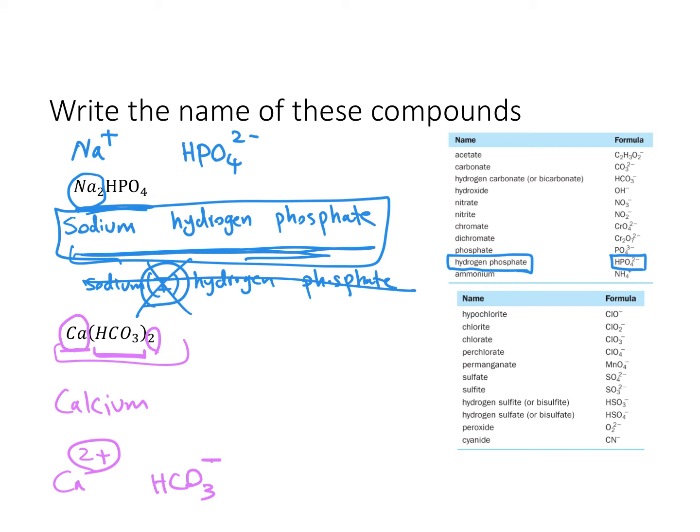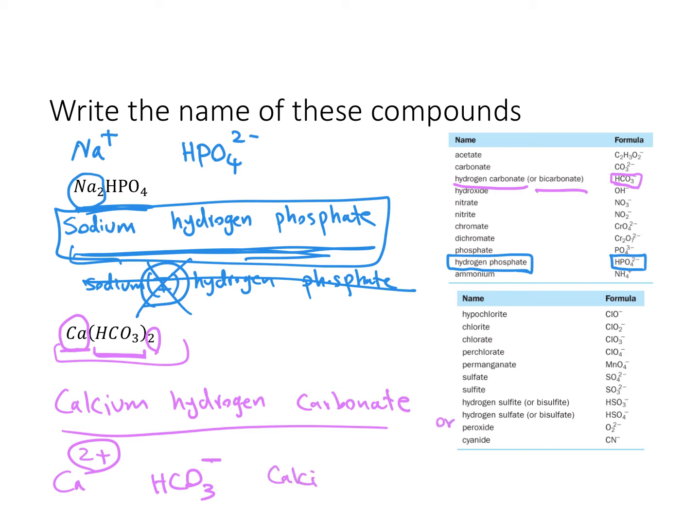Okay? And if you go to this table, you only see 1 HCO3, and it has a charge of -1. And the name is hydrogen carbonate or bicarbonate. So you can write the name of this compound as calcium hydrogen carbonate or calcium bicarbonate.